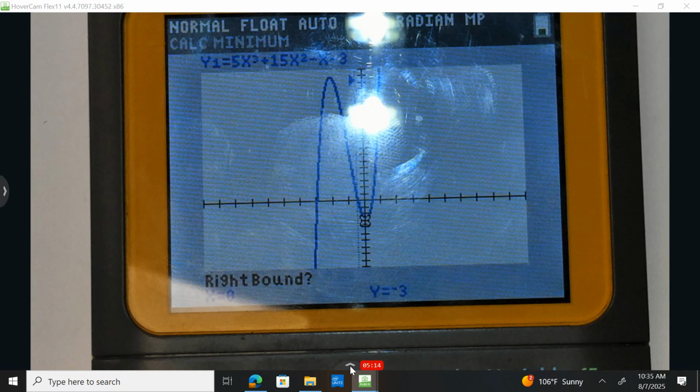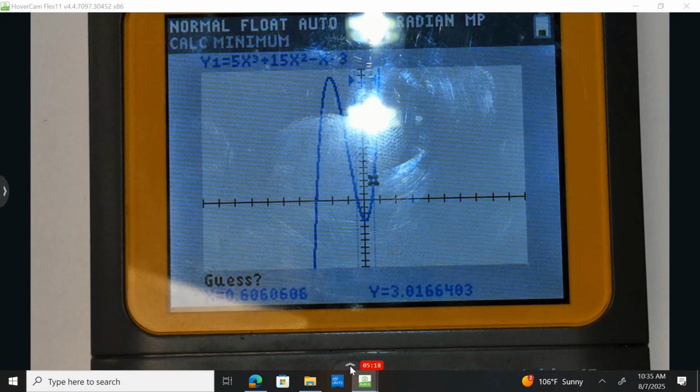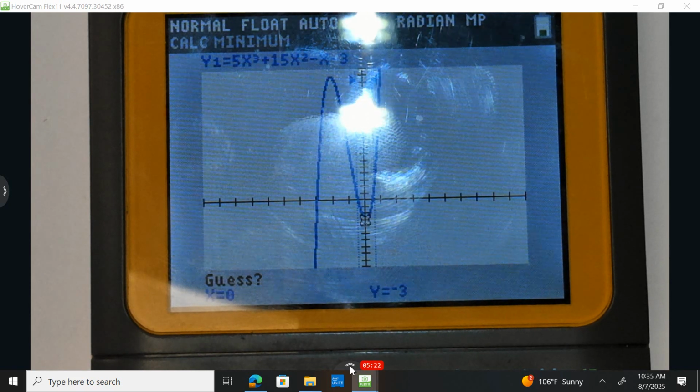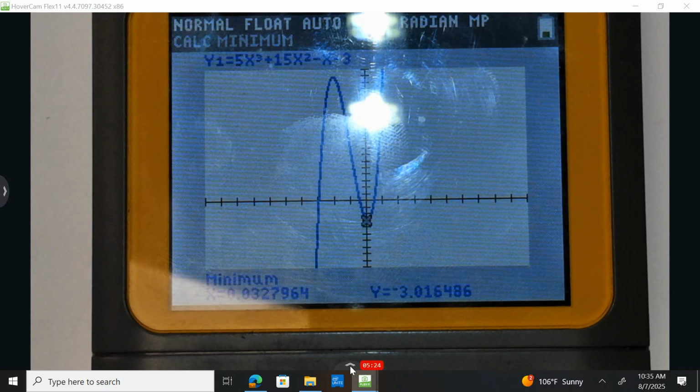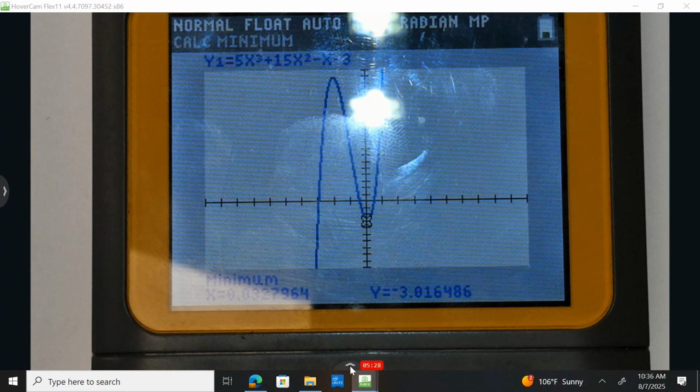Then go back down. The directions say right bound. Somewhere to the right, press enter. And then we're going to go down to what we perceive as the lowest and press enter. The minimum, if I round to the nearest thousandths, would be 0.033, comma negative 3.016.